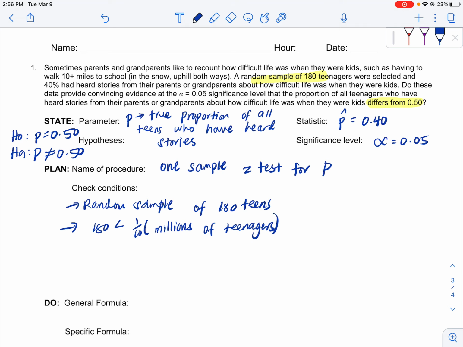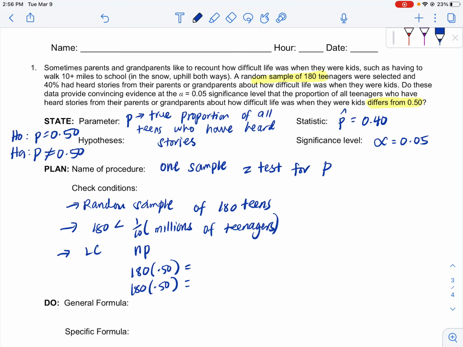Teenagers, there. And then large counts, it's n times p, not n times p hat, okay? N times p. So that is going to be 180 times 0.50, not 0.40.